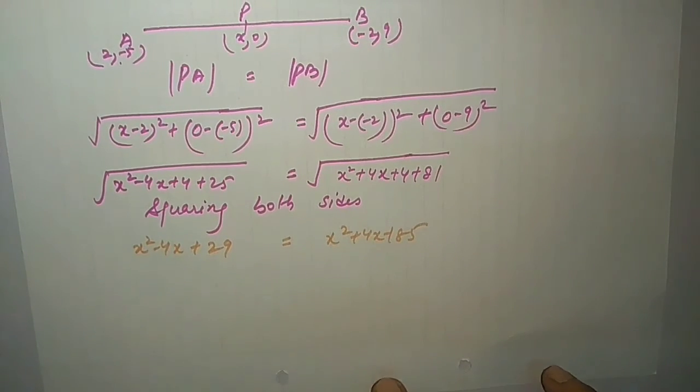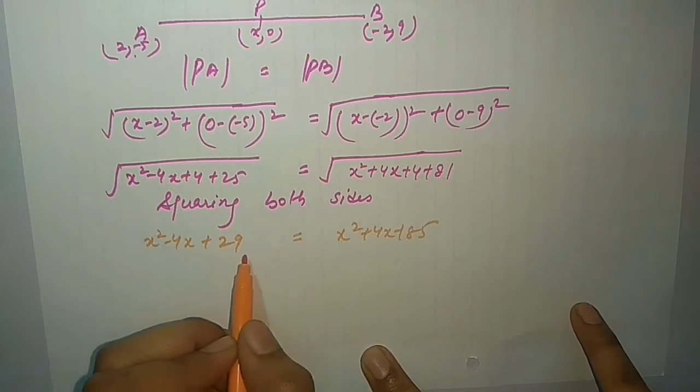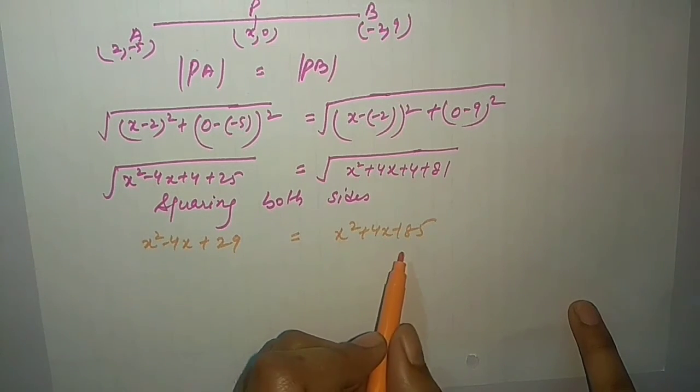Now on applying the formula and solving, we reach this: x square minus 4x plus 29 and x square plus 4x plus 85.